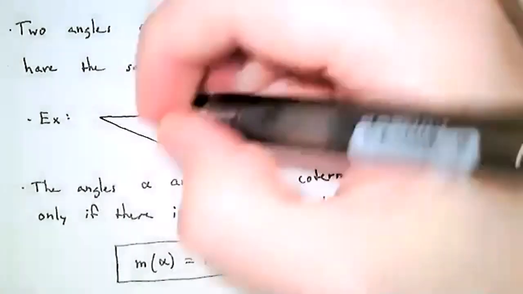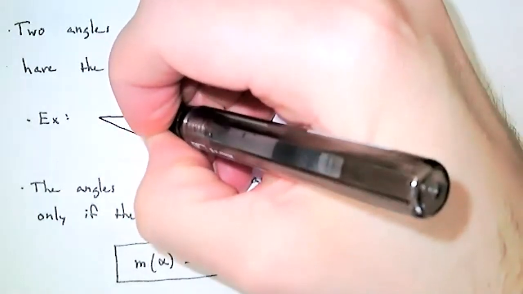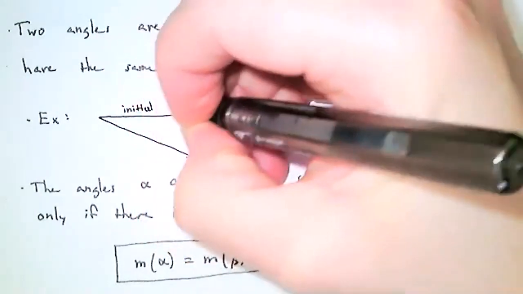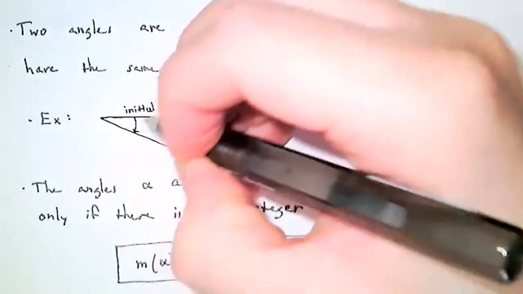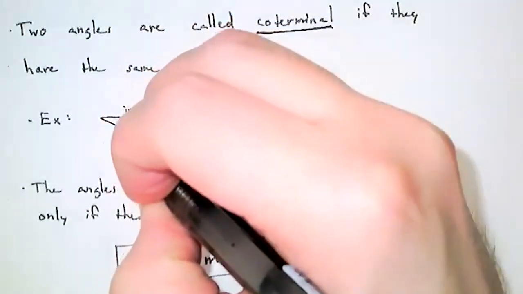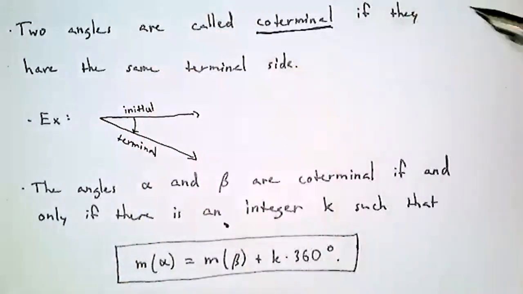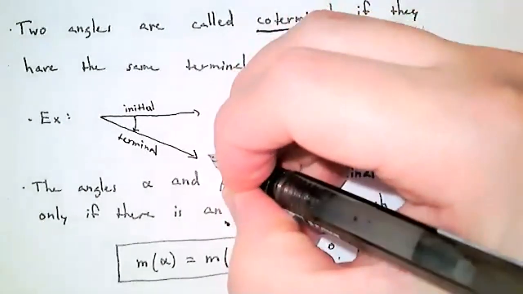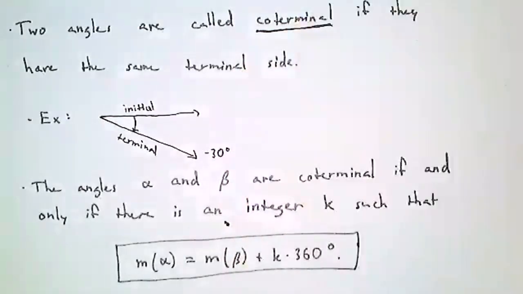So if I start here with my initial side, and I go downwards in the clockwise direction to the terminal side, I'm going to get a negative angle. And this particular one that I drew, well, I guess it looks like it's minus 30 degrees. Wasn't exactly what I was going for, but close enough.